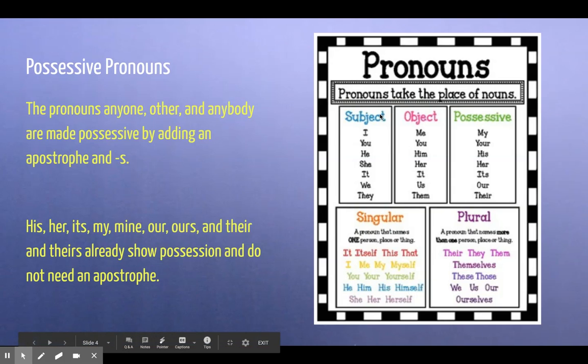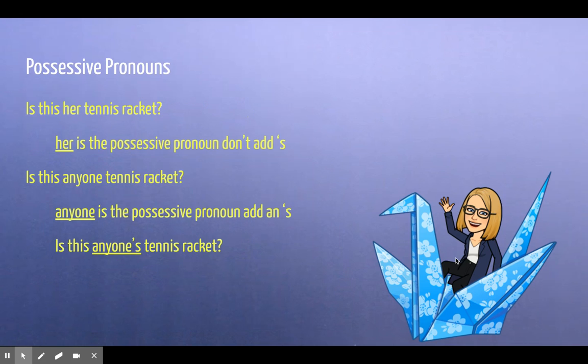So we have some pronouns. Our list is here. And over here, you will see our list of possessive pronouns. This isn't the whole list, but it is some. And these are going to be your singular pronouns, meaning one person. These are going to be your plural pronouns, meaning more than one person or thing.